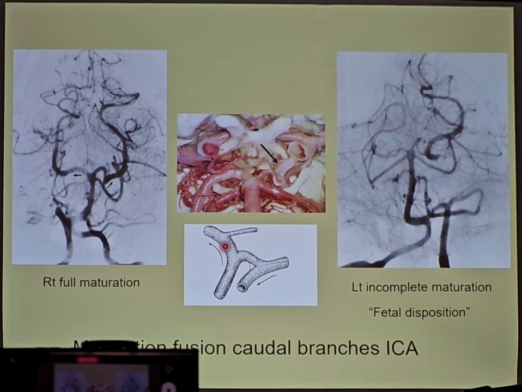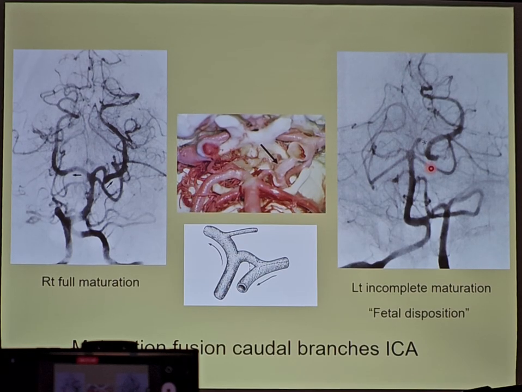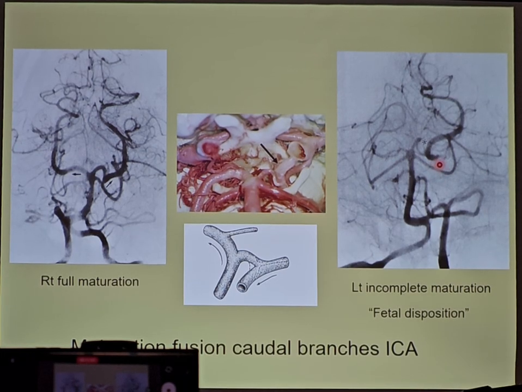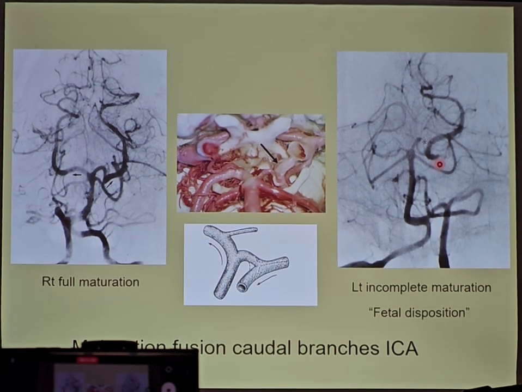So there is what you call the so-called fetal disposition, where there's a persistence of the prominent supply to the posterior cerebral artery territory from the carotid system, versus the mature situation where the supply to the posterior cerebral arteries is from the basilar artery.